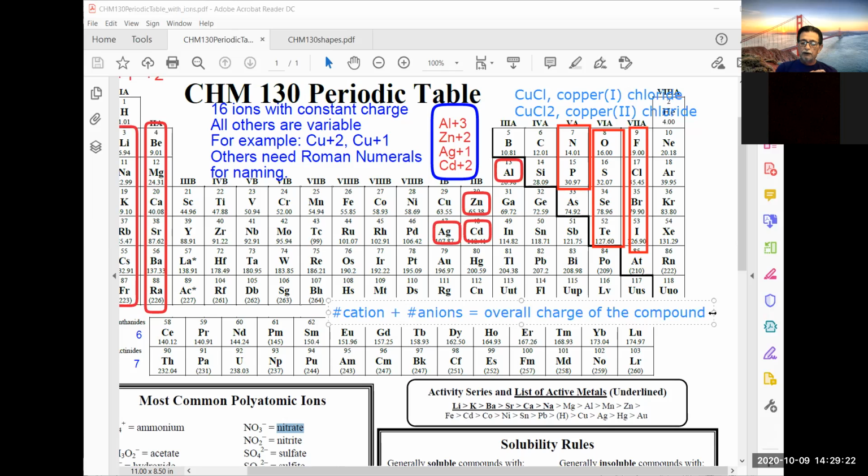I don't know what the nitrogen is, but I know the oxygen is -2, so I can calculate the charge for that nitrogen in the nitrate polyatomic ion. You'll see some of the homeworks where you have a charge on the ion and they're asking you to figure out the charge. Using this equation, you can figure it out for any compound or any type of molecule they give you.